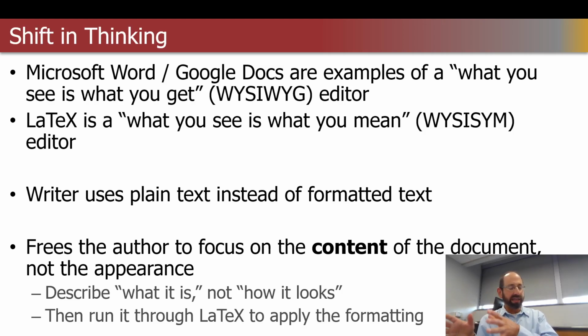I'm constantly trying to get this paragraph to look right and to get the justification of the paragraph to make sure the margin looks exactly like this, and then accidentally the figure gets moved on to the next page. In theory, at least once you get into a comfortable spot with it, you can describe what the content needs to be. You focus on just the plain text of what you want to say, and then you don't have to worry at all about what it's going to ultimately look like, the actual appearance of it separately.